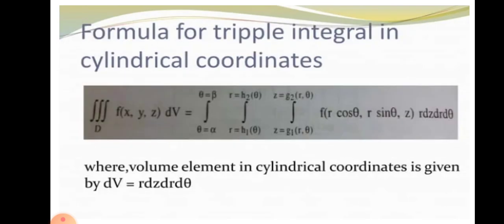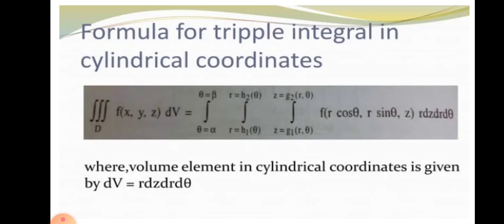So this is the formula for the triple integral in cylindrical coordinates. We have the triple integral of the function f(x, y, z) dV, which is equal to the triple integral of f(r cosine theta, r sine theta, z) dz, evaluated from z sub 1 of r and theta to z sub 2 of r and theta, for dr evaluated from h sub 1 of theta to h sub 2 of theta, and d theta evaluated from alpha to beta.